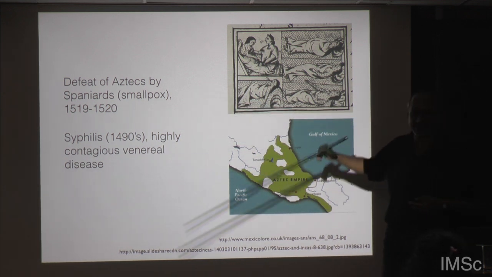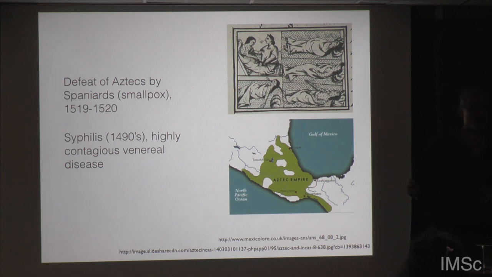And the Aztecs had never seen smallpox before, so they had absolutely no immunity, which is why immunity to a disease is very important. There's another piece of history that is also repeated when the first bunch of people, I don't know if you call them invaders, from Europe went into America and decimated the native tribes.